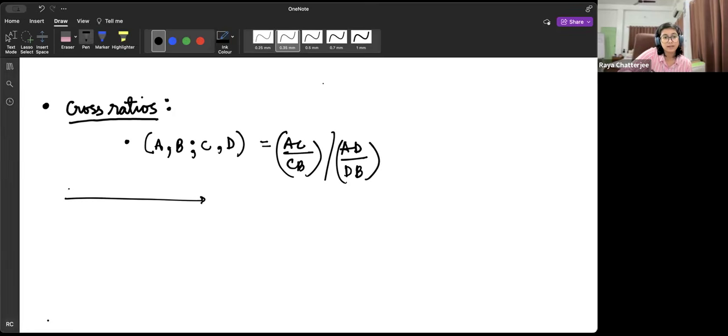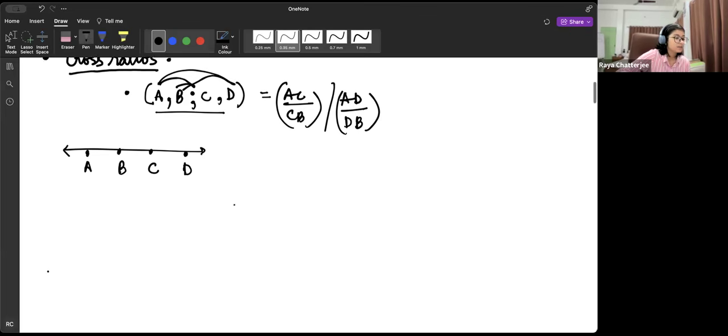So say you have a line and A, B, C, and D are some points on that line. This is how we define the cross ratio (A, B; C, D). The best way to remember it, and it's pretty easy once you start doing computations, is AC by CB over AD by DB. So that's how we define cross ratios essentially.